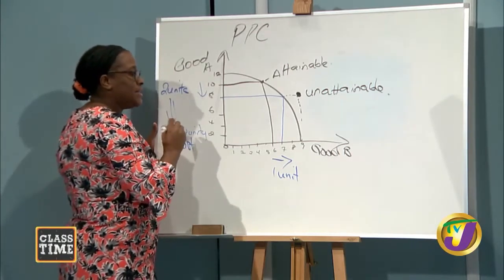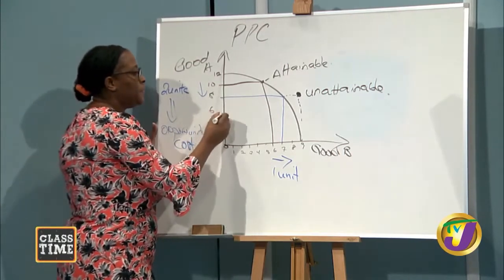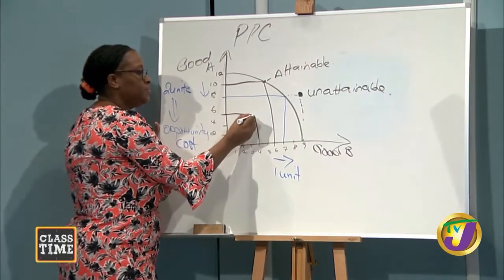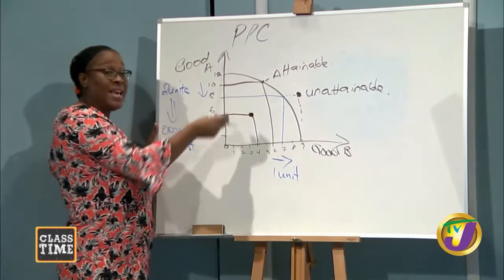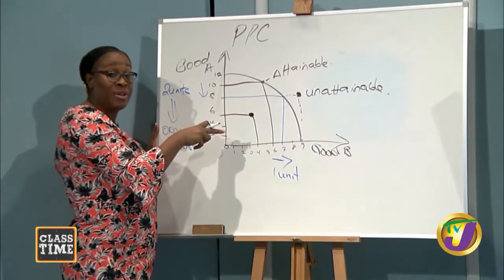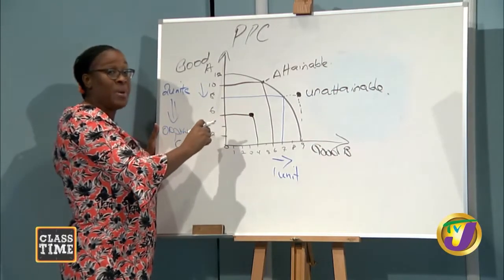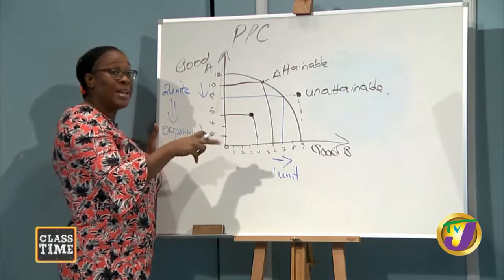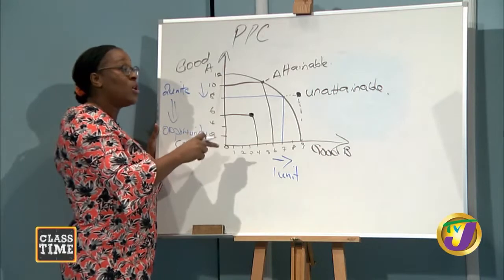Let us look quickly. If they wanted 6 units of A and 4 units of B, it's inside of the PPF. Now, inside of the PPF is what is referred to as underutilization of the resources.